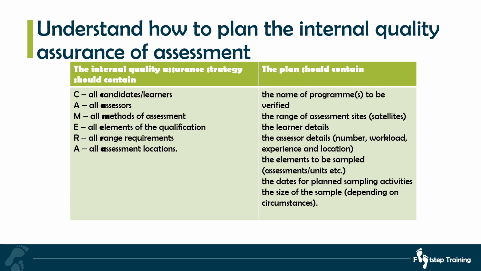It will include details such as how they will monitor their assessors, what standardisation they'll carry out, what level of sampling they'll do, and what level of observations they'll complete. The purpose of the IQA strategy is to ensure that the organisation consistently manages quality.